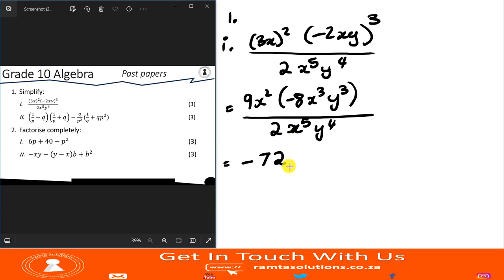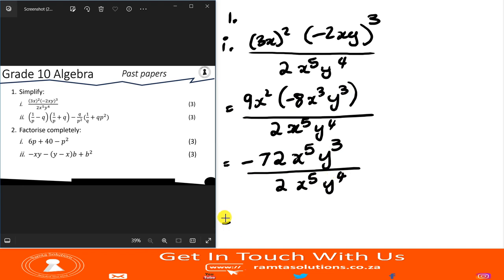Alright, it's negative 72. So you can then say, when bases are the same, you add exponents. But let's not do that. Let's just say x cubed times x squared will be x to the 5 and then y cubed all over 2x to the 5 and y to the 4. Right?